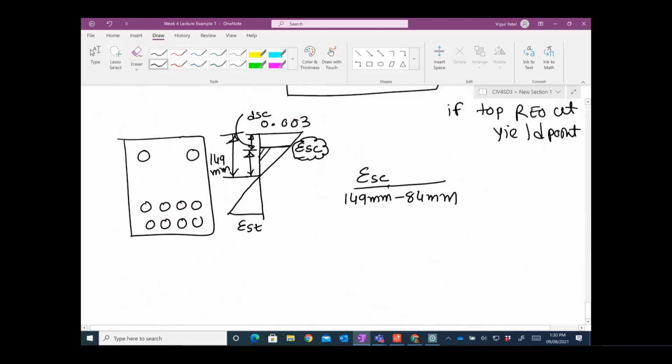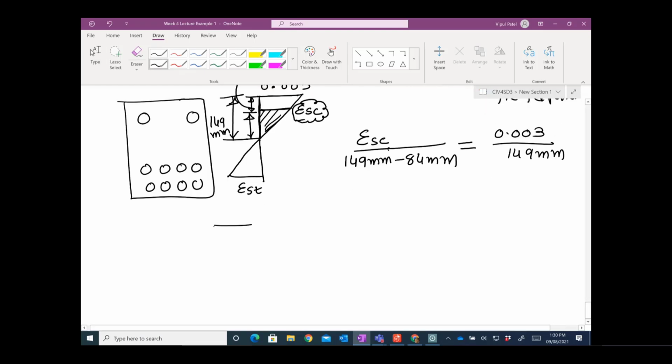So these triangles which I take, that horizontal distance divided by this vertical distance. There is an equivalent triangle here, 0.003 similarly divided by 149. I hope you understand that. So if I redraw these two triangles differently, that is 0.003 and you have 149.